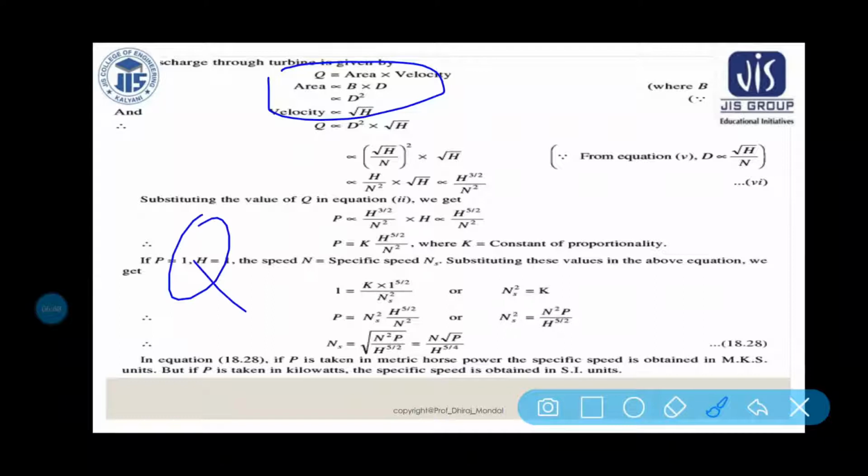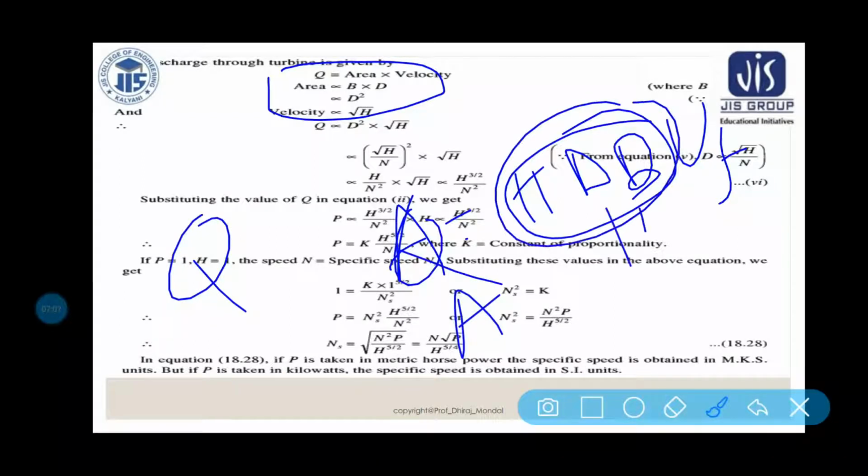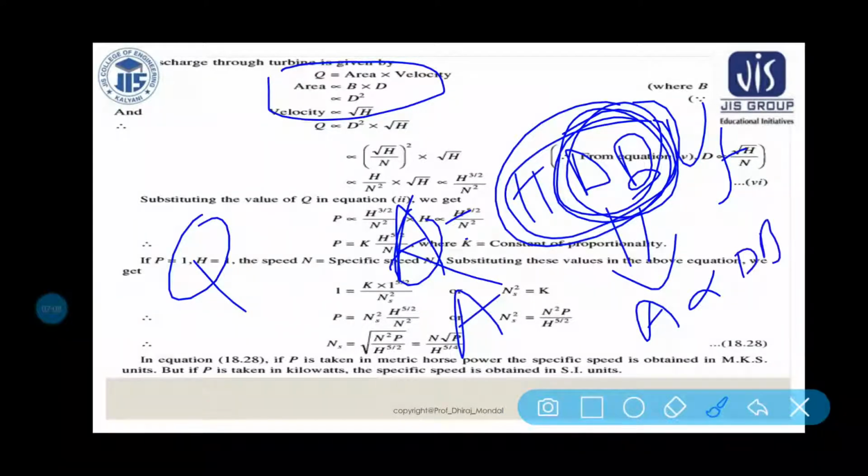Again I am telling you, area is equal to pi into d into b into vf. So this is your area. Now sorry, this is your discharge. Now this is your area, and area is equal to d into b. That means area is proportional to d into b. B is what? Breadth, and d is the depth or diameter, you can say.